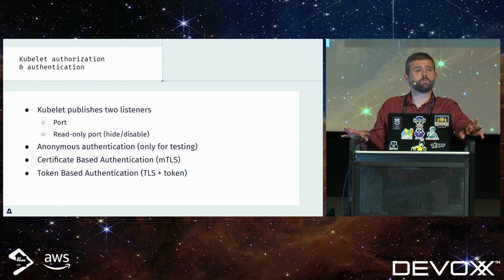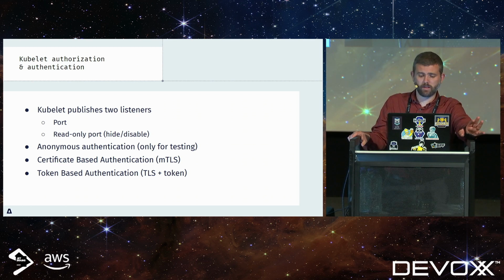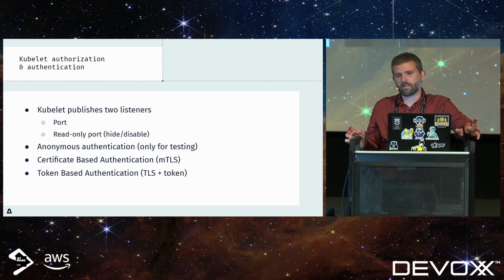There is no real reason, I think, today to publish it, and only enable those who have keys to access this information. The same goes for anonymous authentication. It's only for testing. Make sure that you're disabling it. And in the same sense as the big API server, the Kubelet API itself also uses either certificate-based client authentication or token-based authentication.